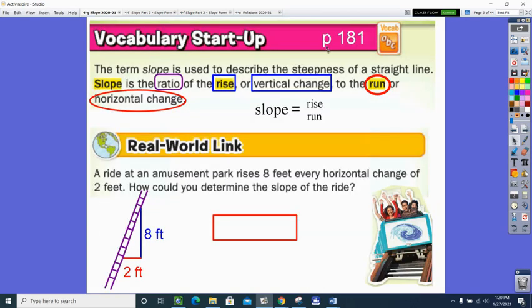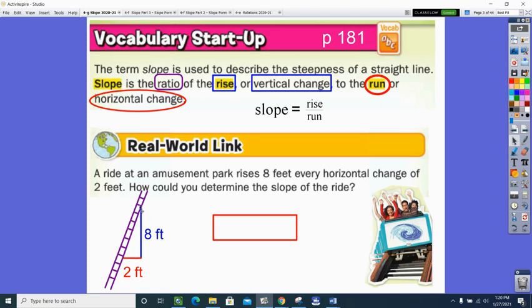If you take your volume 1 book and please open to page 181, we're going to see the definition of slope. And slope is going to describe steepness of a straight line. It's going to be a ratio, and what a ratio means is basically a fraction that's going to have a numerator and a denominator. When we're talking about slope in math, we want to know how much does your elevation change?